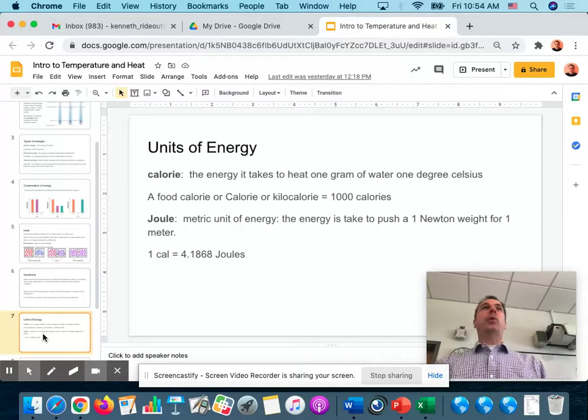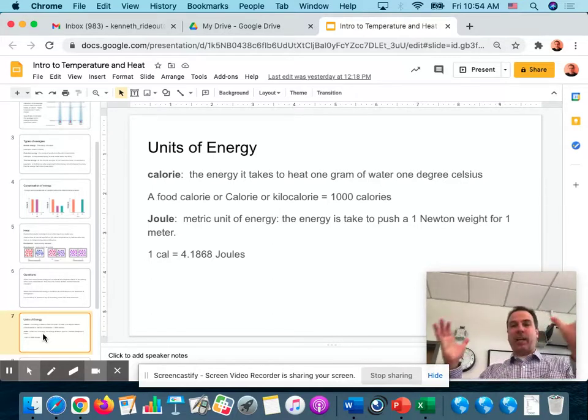The unit that was invented back when they invented the Fahrenheit scale is the calorie. Now, the calorie was adopted by the food industry, and so it's very hard to make go away. I mean, the calorie is a very convenient definition, as you'll see in a second. And so I would predict that the calorie will outlast the Fahrenheit scale.